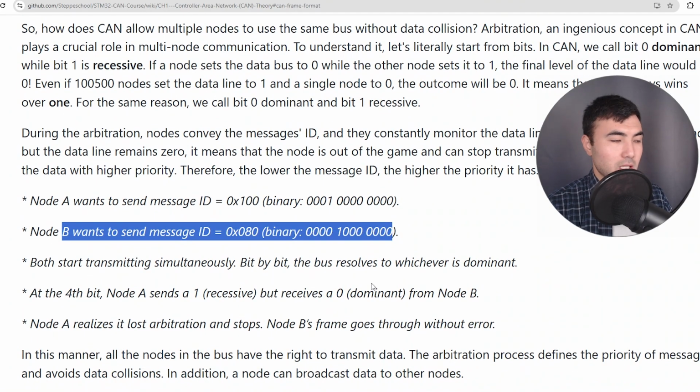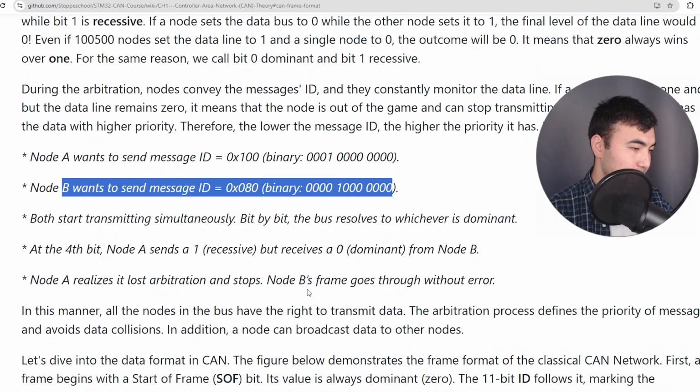Because of that, multiple nodes can transmit data simultaneously. There is no restriction on the number of nodes that can transfer data. But during the arbitration process, bit by bit, the bus resolves and decides which node has data with the highest priority. So this is how it works.